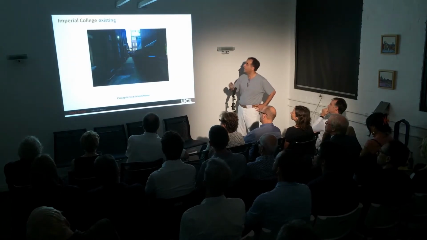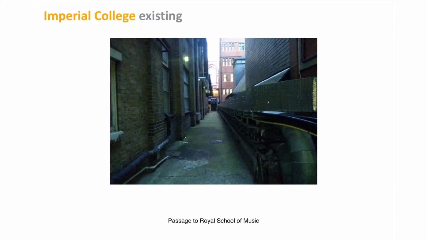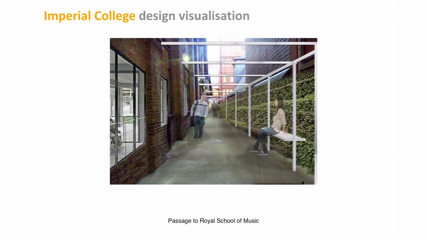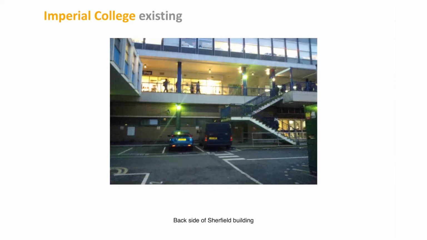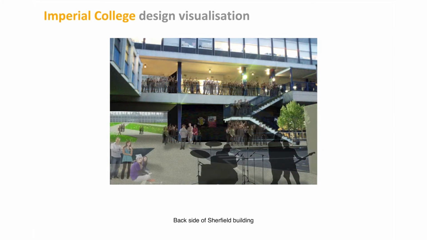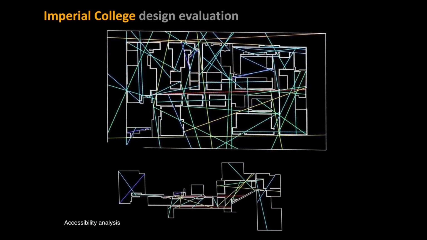Then they tried to enhance the links to surrounding areas. This is the passage to Royal School of Music, which could be really enhanced, and enhance the relationship between levels and the main public space. Then they had a tool really to test their ideas and see if it works or not.